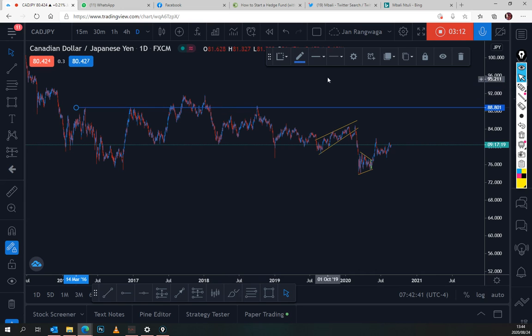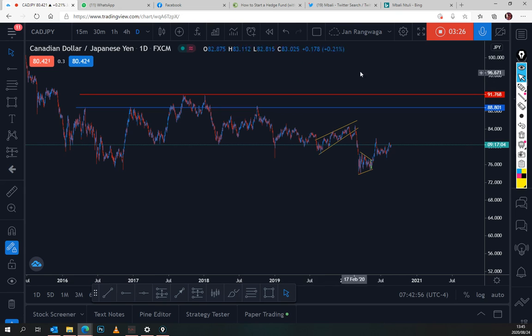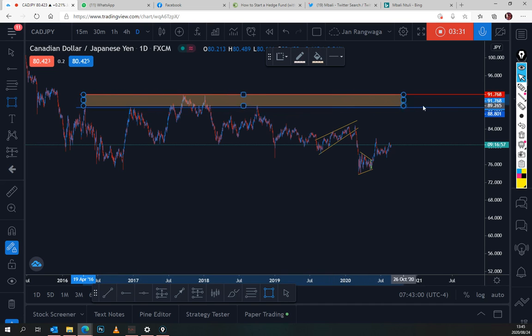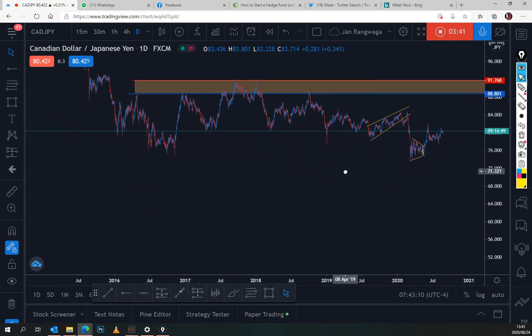Let me just put another resistance so that we can see a zone, because currently we don't have a zone, so it's quite critical for us to draw a zone so we can have clarity of things.